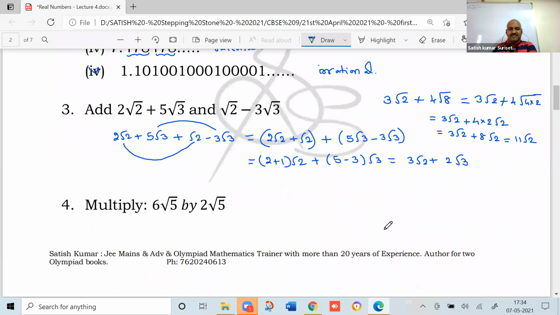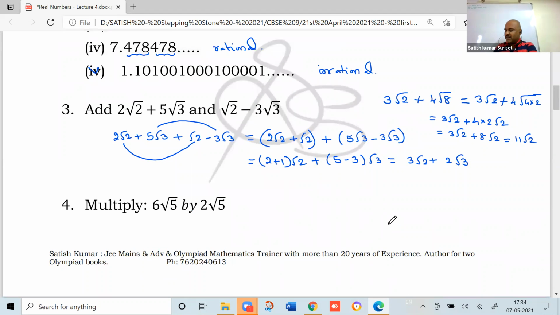Next, multiply 6 root 5 by 2 root 5. Are they like surds? Yes, they're like.